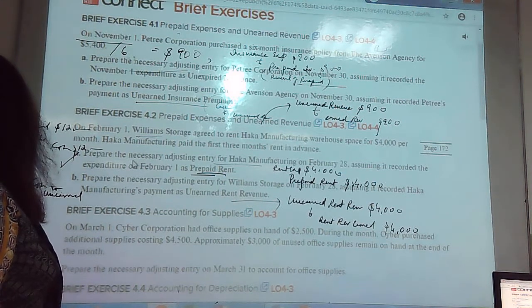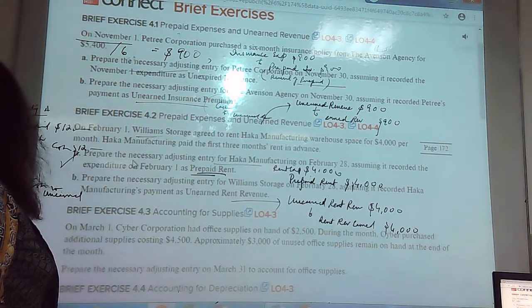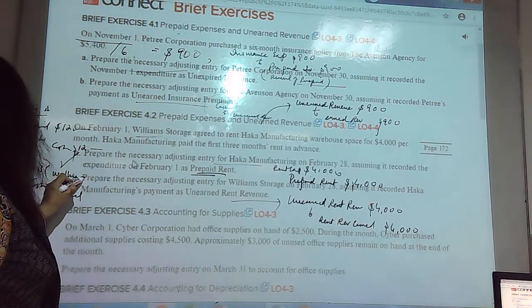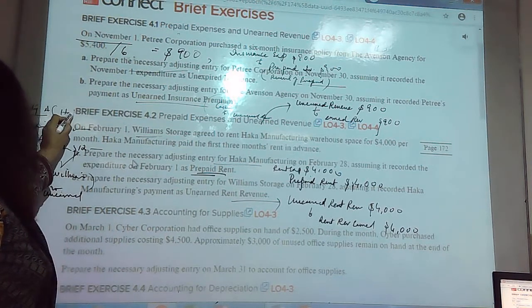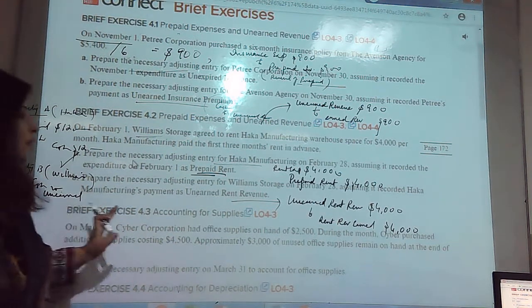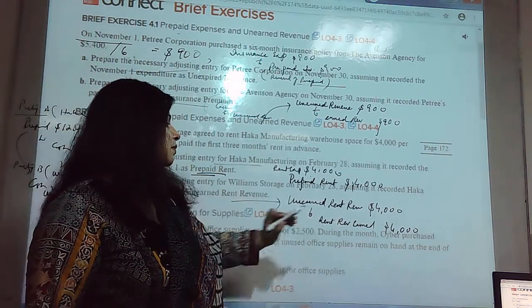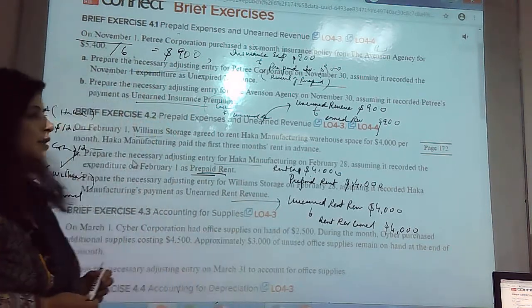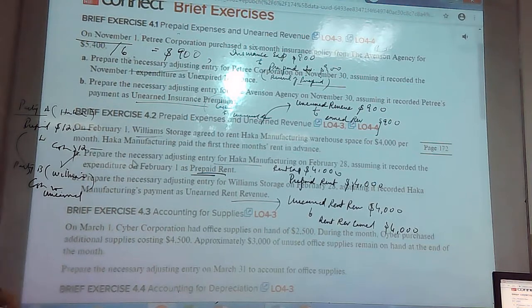Party A and party B: Party B is Williams, and Party A is Haka. Haka did this entry, and Williams received the cash to unearned. But then they're going to reverse it for 1 month and record that they earned this. So this is basically summing up this question.